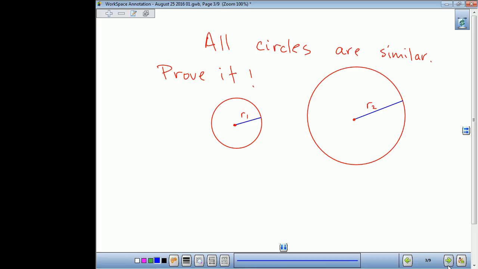With similar figures, aren't the ratios of the lengths equivalent? That's exactly what we're looking for here.